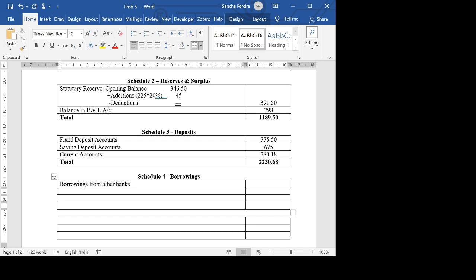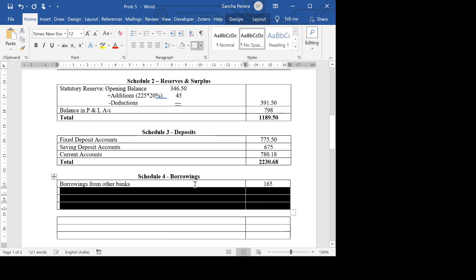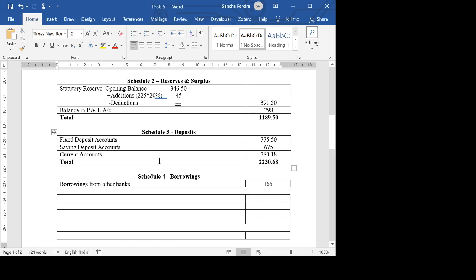The amount is 165. What you can do is, as you take the items, you can just tick it. Okay, if you have a hard copy with you, you can just tick the item so that you know that it's already taken. So there's just one item here. We don't need to have a total. 165.